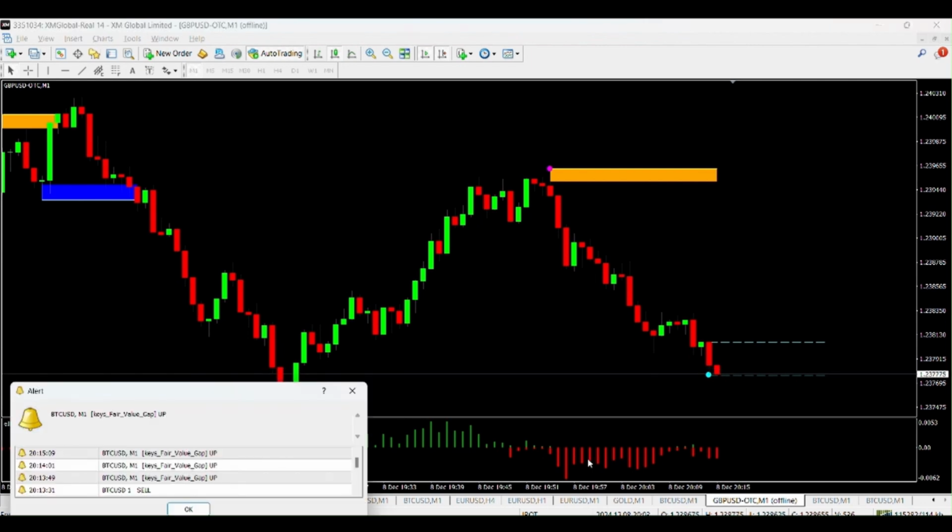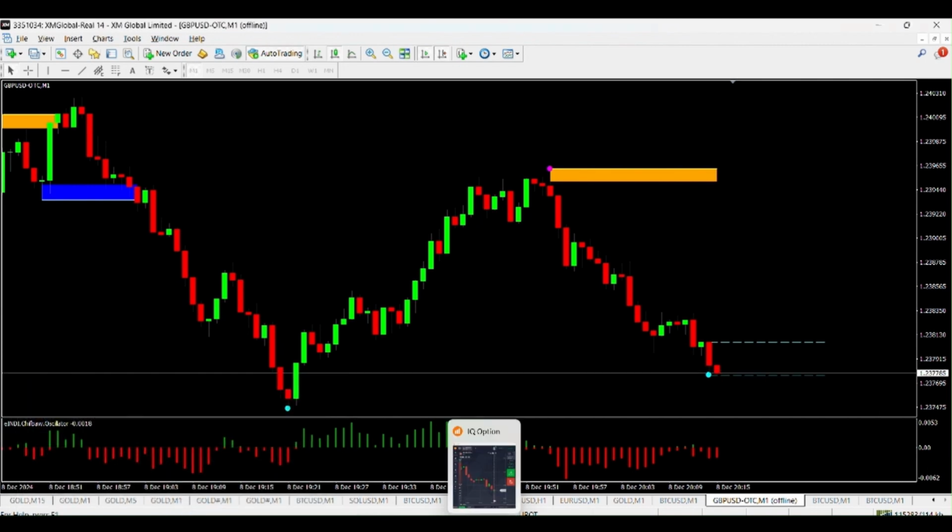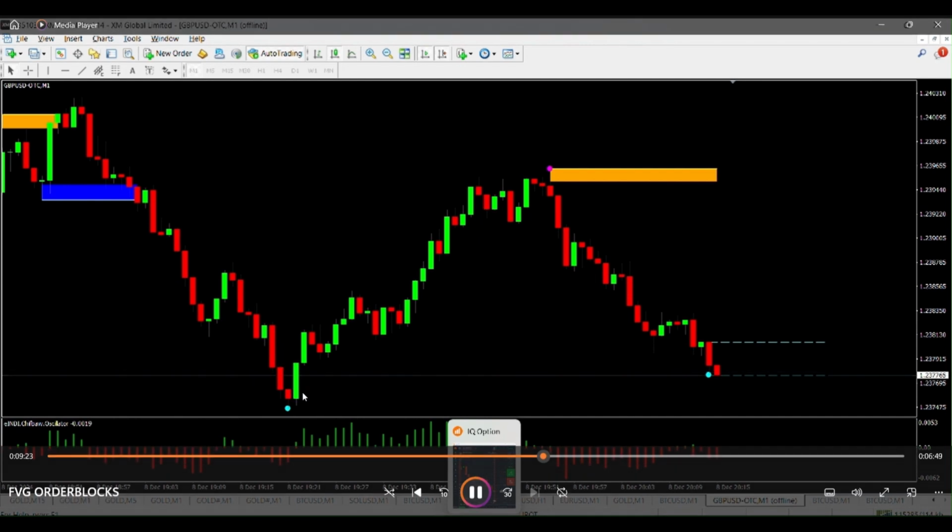Okay, so for this one, there's a new buy signal, and I can see that we are at the middle of this other support. So as you can see, on the left side here, there's two big green candles that can act as support.